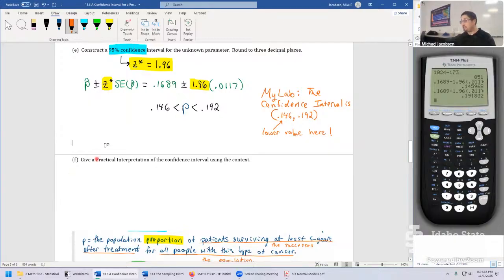Let's talk about this a little bit more. We're oddly specific with what we mean by a practical interpretation as well.